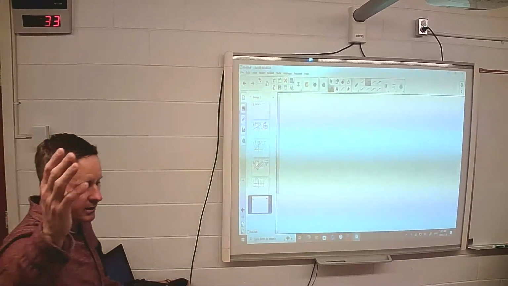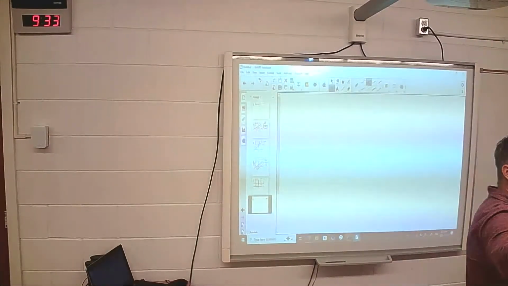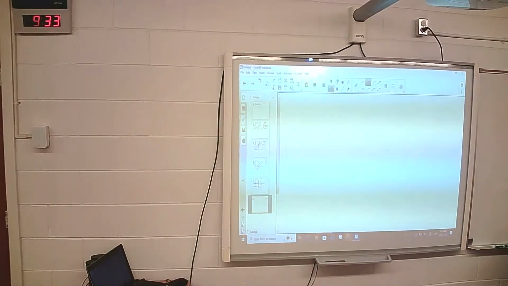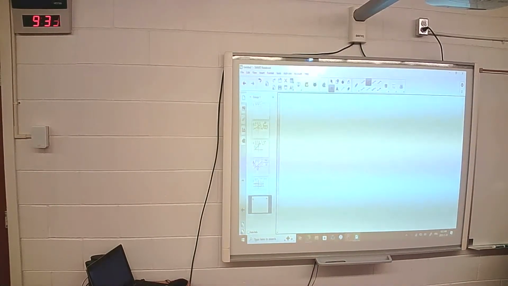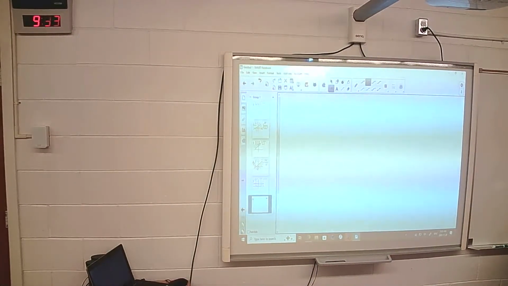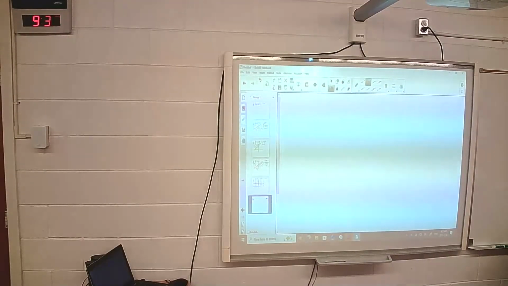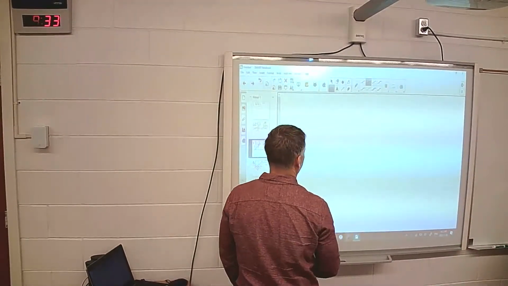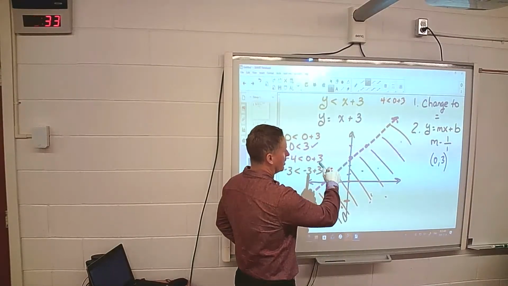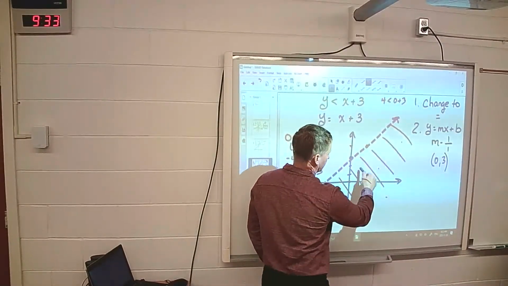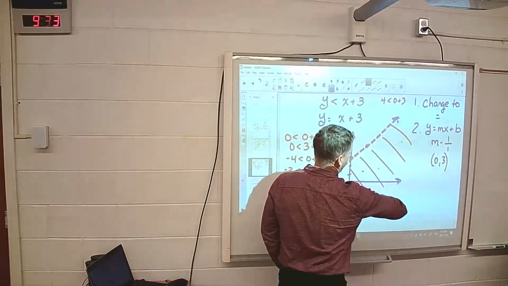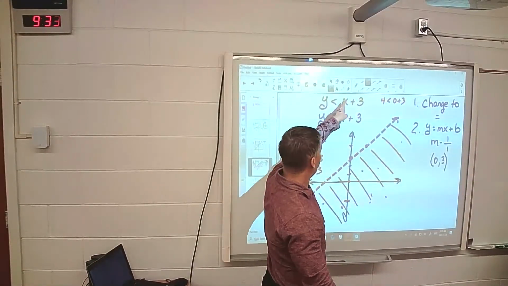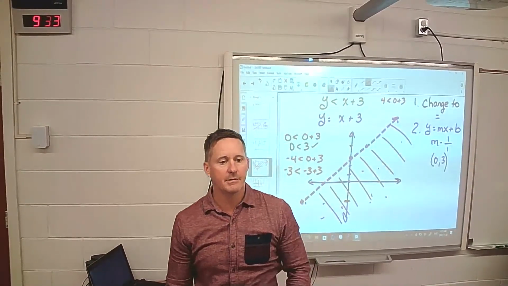Now, I keep saying this solution set. How many of you don't understand what solution set is? Okay. It's the coordinates that, when put into the inequality, make it true. That's what the solution set is. So I was trying to demonstrate that by putting multiple points in. This is the solution set. Any of the coordinates in this region, if I put them in there, makes the statement true.